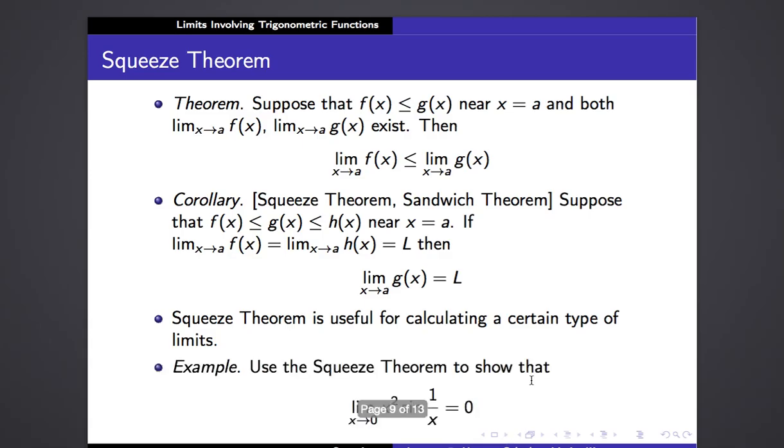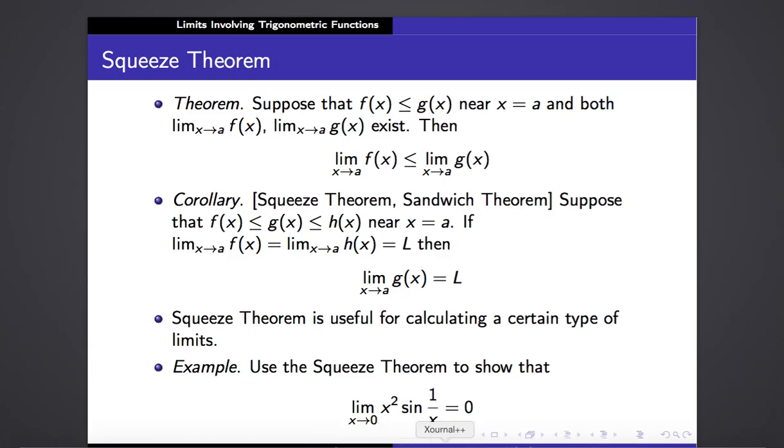So here is an example. Use the squeeze theorem to show that the limit of x squared times sine of 1 over x when x approaches 0 is 0. Let's talk about why it is.